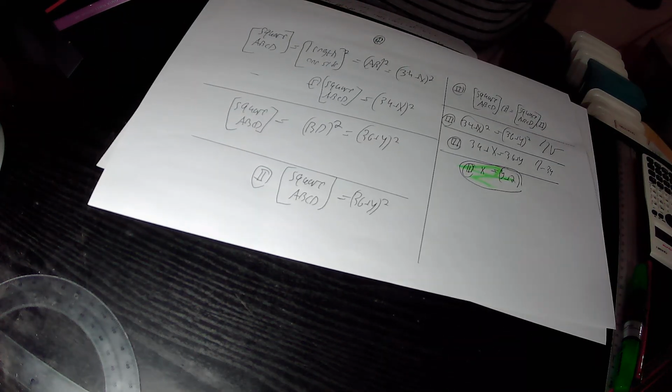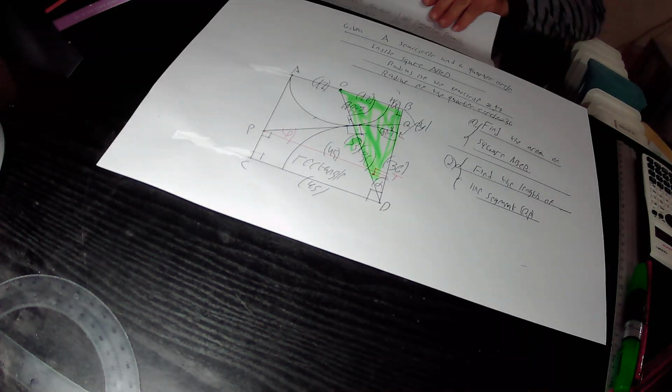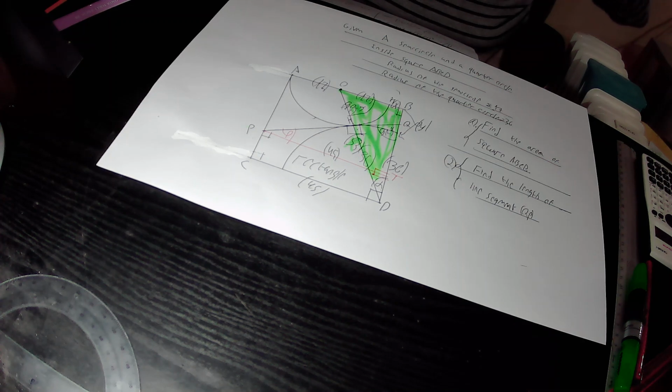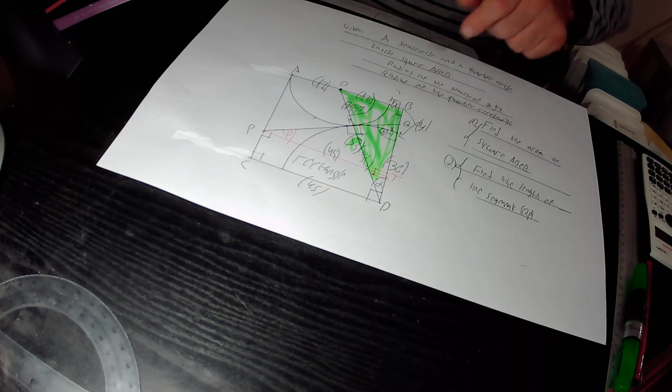So according to the first method of calculation, we have found out that the area of square ABCD equals (34 plus x) squared. The next step, we calculate the area of this square ABCD in a different way. We choose side BD as one side of this square, so the area of this square ABCD must be equal to BD squared.